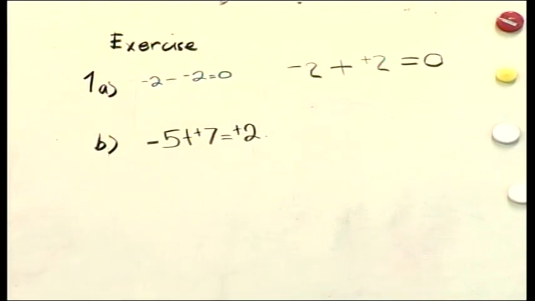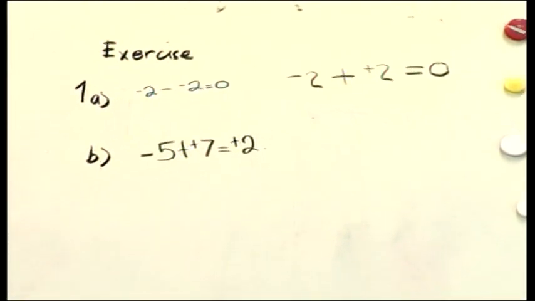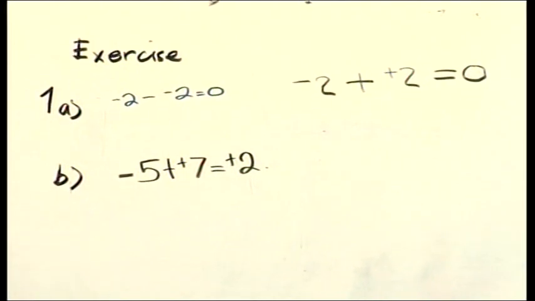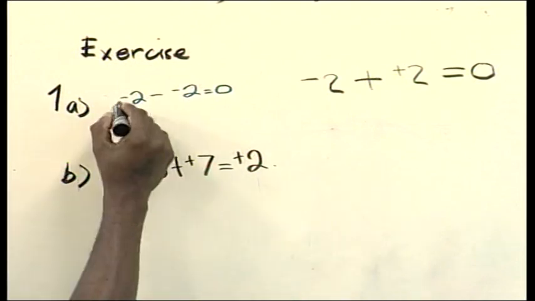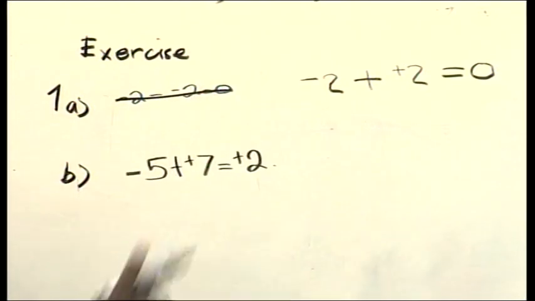So receiving students, this answer is not the correct answer. This is the correct answer. Let us look at 1B. Negative 5 plus positive 7 equals positive 2.